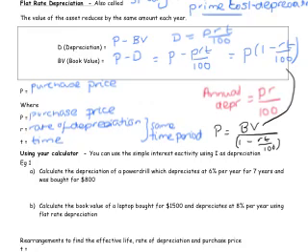So, calculate the depreciation of a power drill which depreciates at 6% per year for 7 years and was bought for $800. So here we're looking to find the depreciation. We know the depreciation rate per year over 7 years and $800. So I'm going to use D equals PRT on 100 because that's what I know.